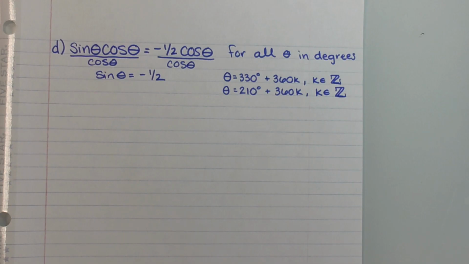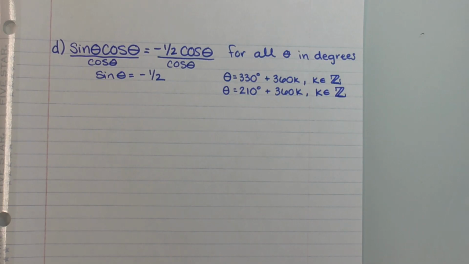Okay, so how about I take over? Okay, so ones like this have something about them that's a little bit different. Yes, you can divide by cosine, but if you divide by cosine, you've just eliminated half of your answers. So, causes a problem.